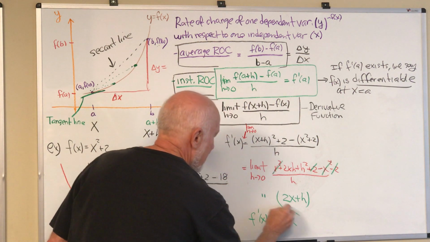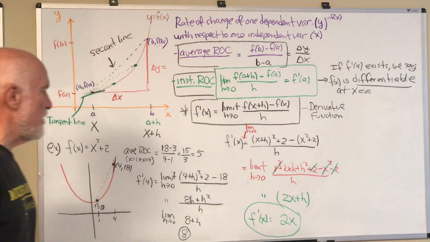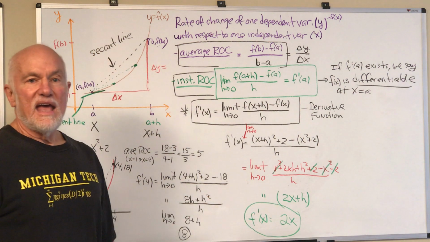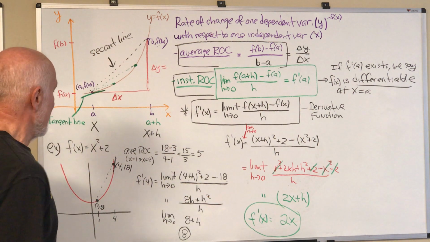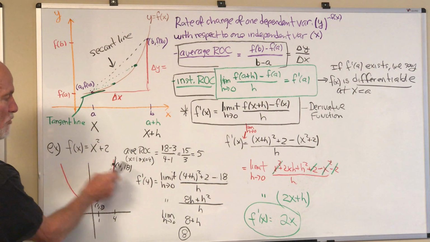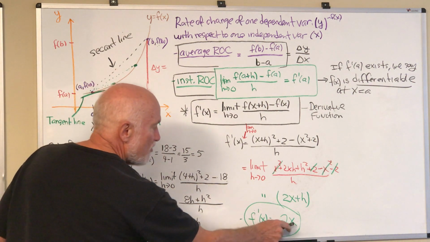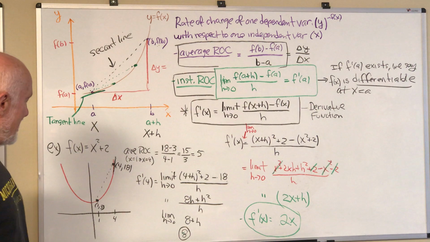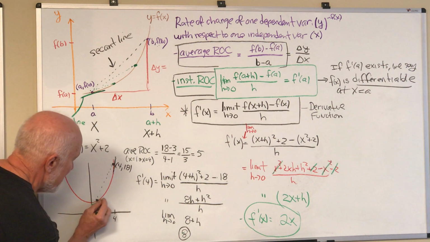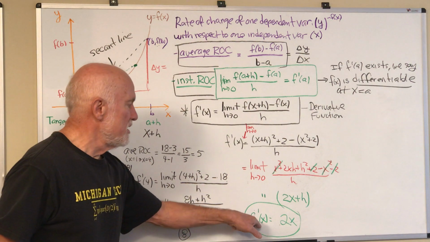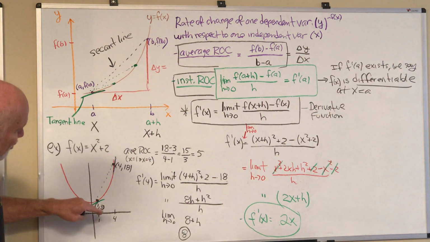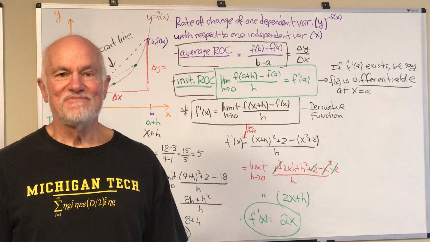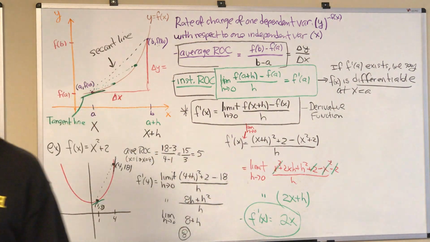So, a little bit of work, but we come up with a derivative function. This gives you the slope at every point x. And let's just try it out at x equals 4. What would be f prime of 4? 2 times 4 is 8, the same thing that we found here, which it should. And what is the slope right here? f prime of 1 would be 2. So you can see the slopes are getting bigger and bigger as you go up there. So anyway, we've made a lot of progress there.